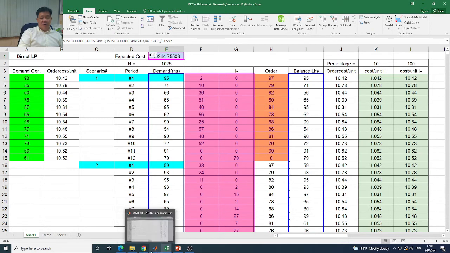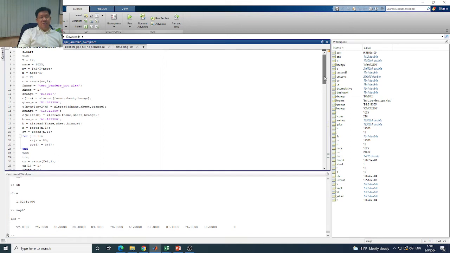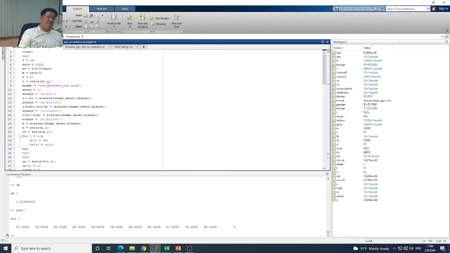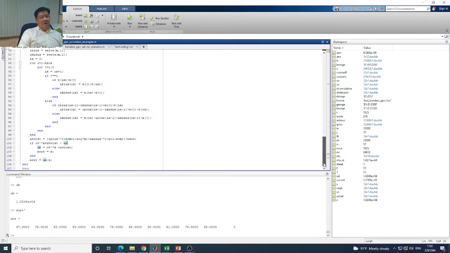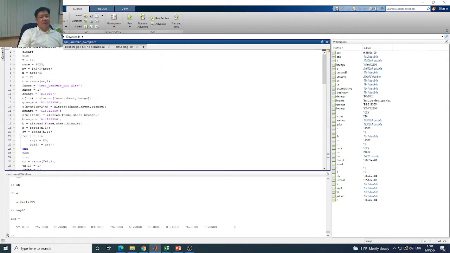So we're going to move on to setting up a new question here. Now we can import the problem from Excel, and we check, we already wrote code here, and we check that we get the same solution here.